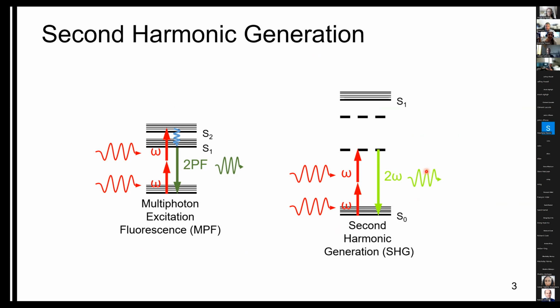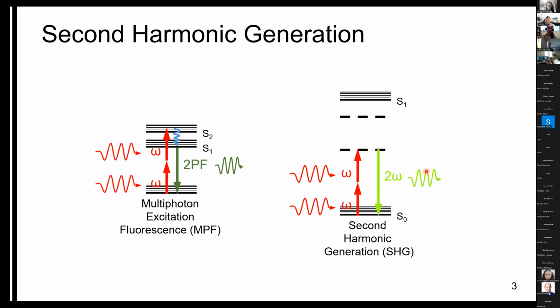In addition to this, SHG typically employs a laser with a wavelength outside of the absorption of the sample, so molecular excitations are avoided, therefore less heat is deposited into the sample as compared with fluorescence, allowing long functional studies if one wanted to do so.